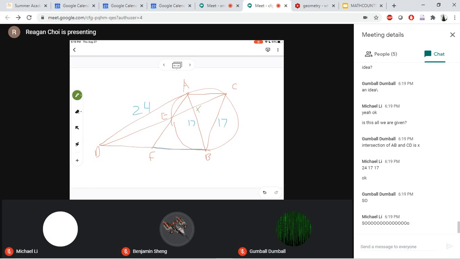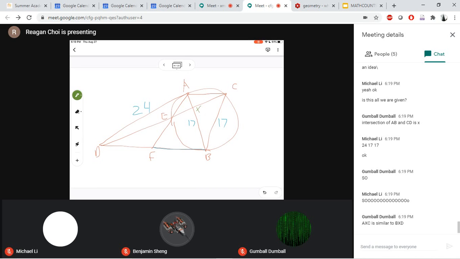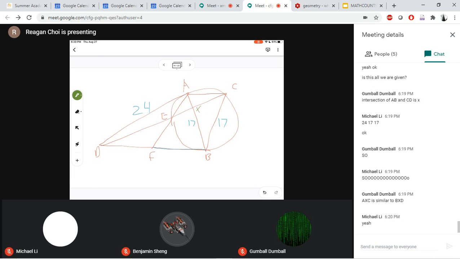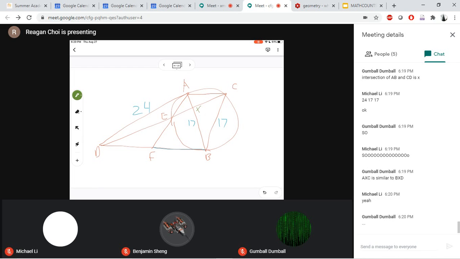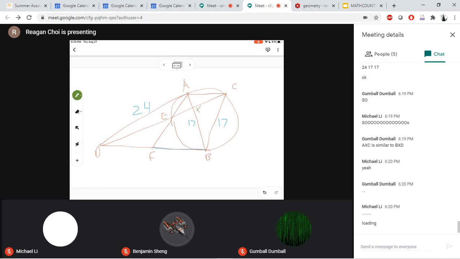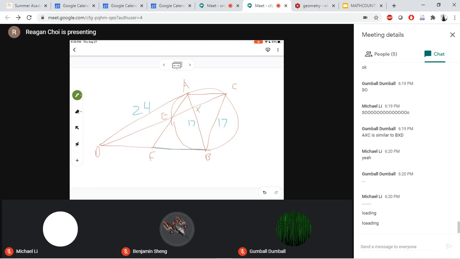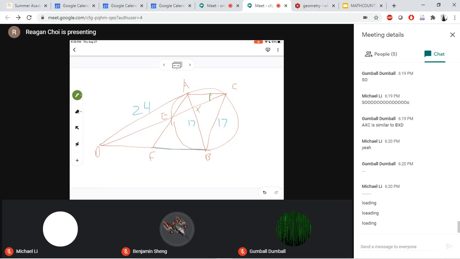AXC is similar to BXD, okay. Yeah, so I guess I'll mark these two equal angles.